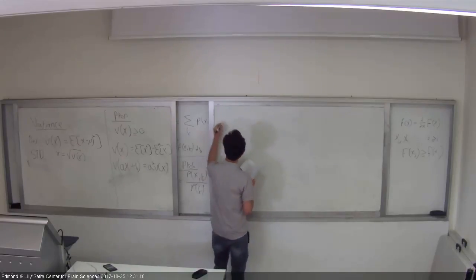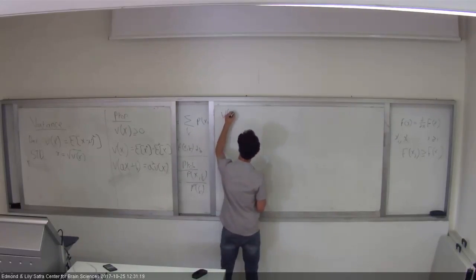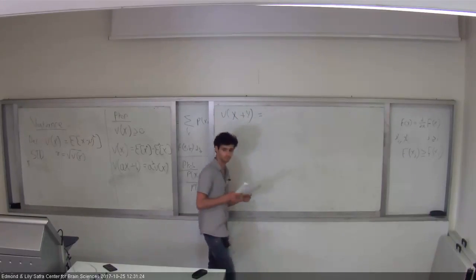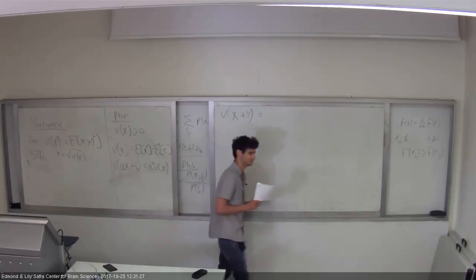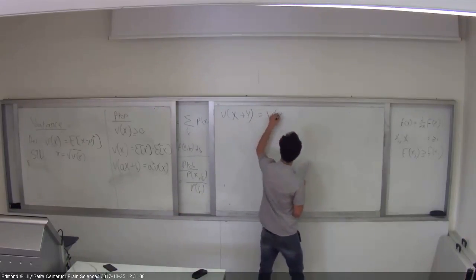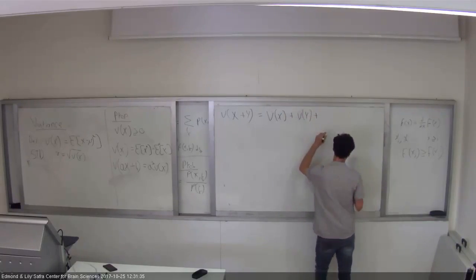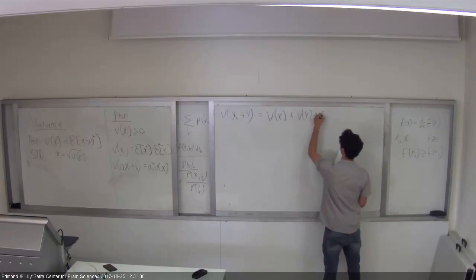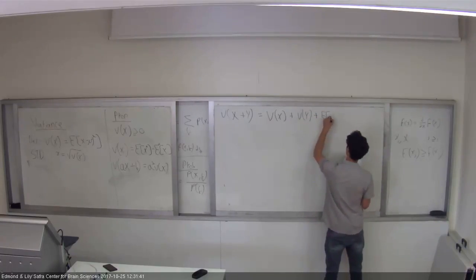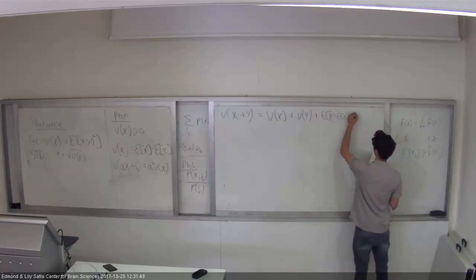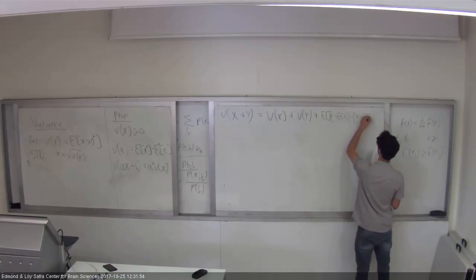So the variance of x plus y is equal to the variance of x plus the variance of y plus a term that is the expectation of x minus the expectation of x, multiplied by y minus the expectation of y.